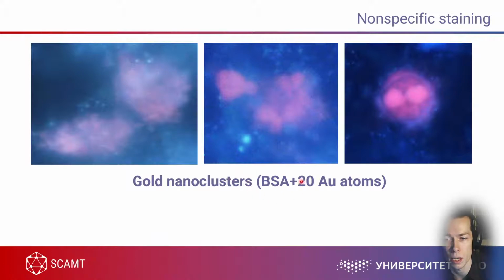So cells can eat and dissolve part of this BSA, and because BSA is dissolved in endolysosomes, nanoclusters lose their ability to fluoresce with red, and they start fluorescing with the native color of BSA. BSA has a number of amino acids, like tryptophan, which can fluoresce, so it's some kind of autofluorescence with blue color.